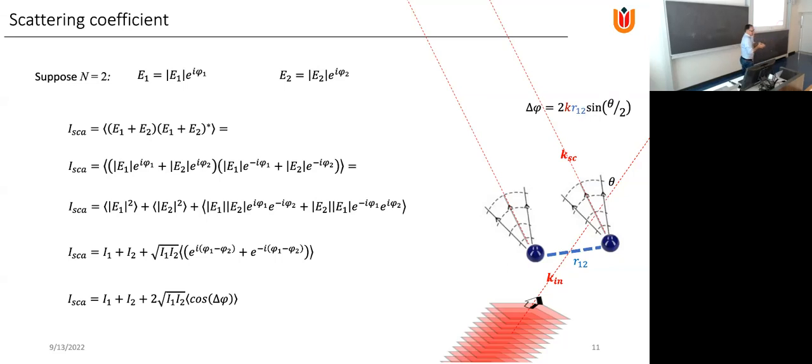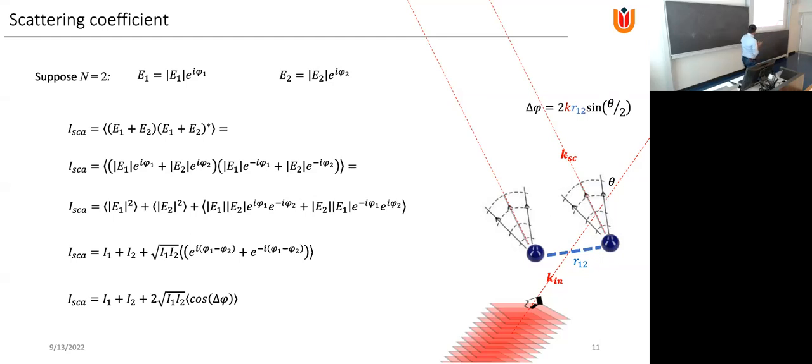Then we can calculate by means of geometry that the phase difference between the fields scattered from these two particles is given by 2 times k, in that case 2 pi over lambda, times the separation between these two particles, times sine of half theta, theta being the scattering angle.